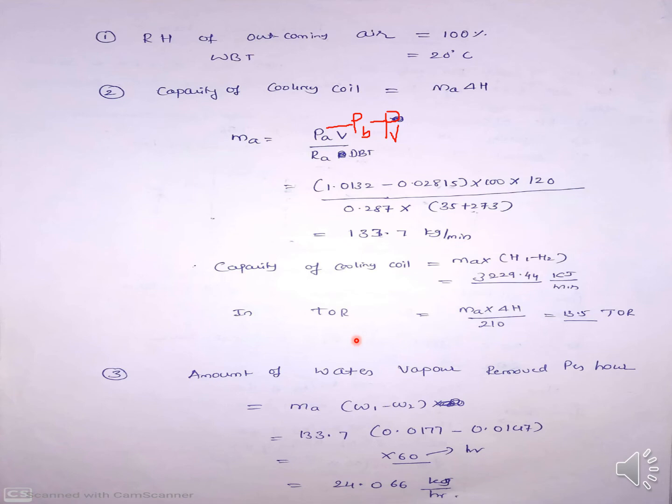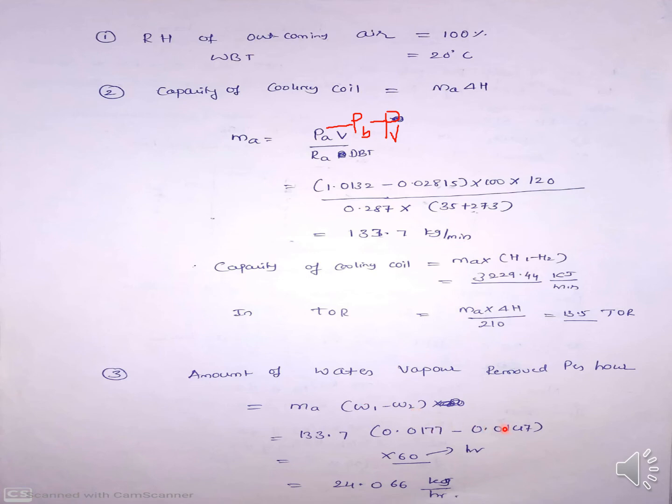Chapter. So amount of water vapor removed, I want amount of water vapor removed per hour. So you know that mass of water vapor removed is equal to MA into W1 minus W2. So MA is given here, and W1 and W2 are the specific humidities.